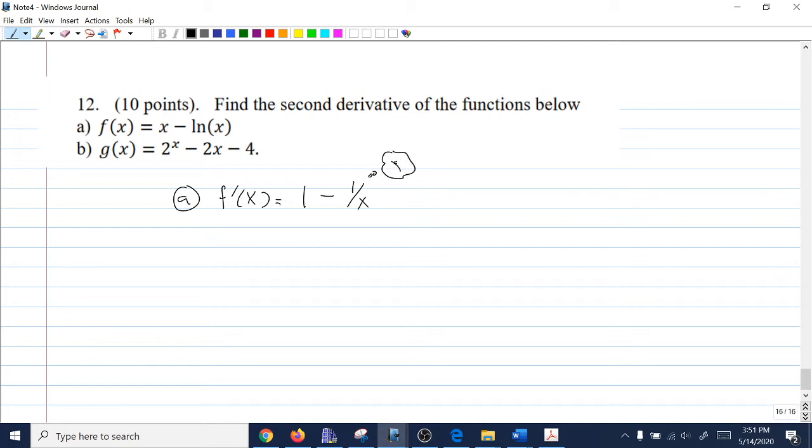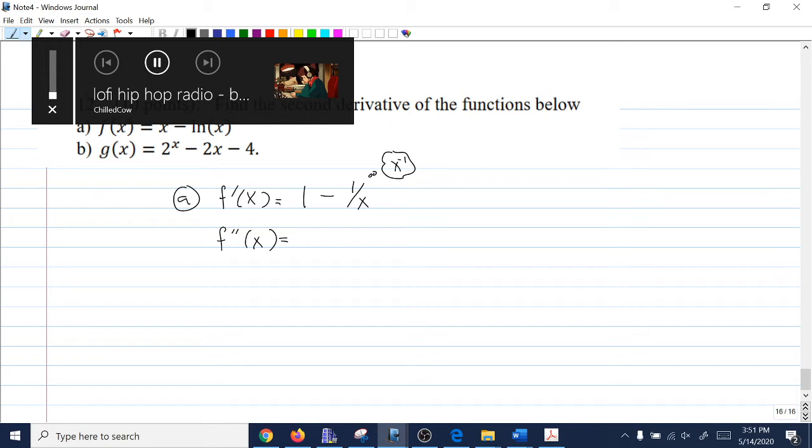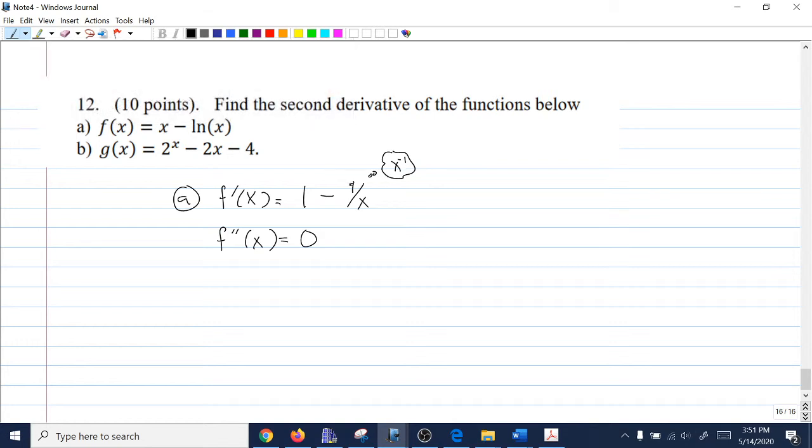To take his derivative, I'm going to want to think of him as x to the negative 1. You can use the quotient rule, but it's way overkill to use the quotient rule on 1 over x. Second derivative is 0. Derivative of minus x to the negative 1 is plus x to the negative 2. The negative 1 hits the minus outside.